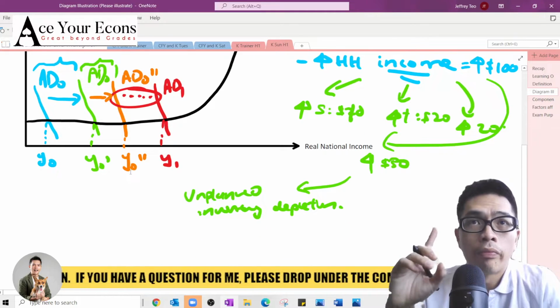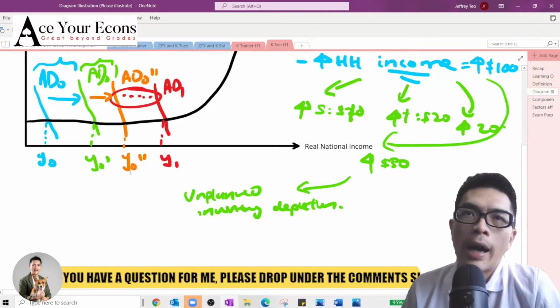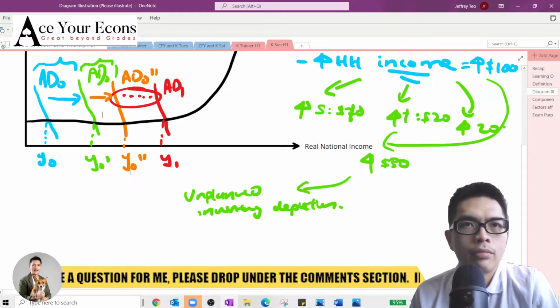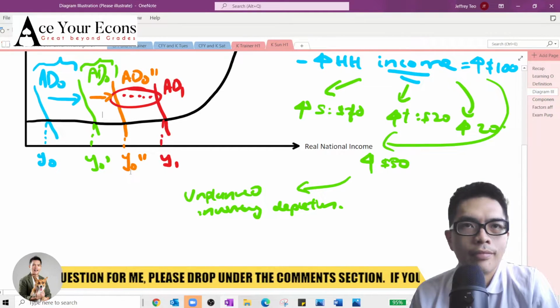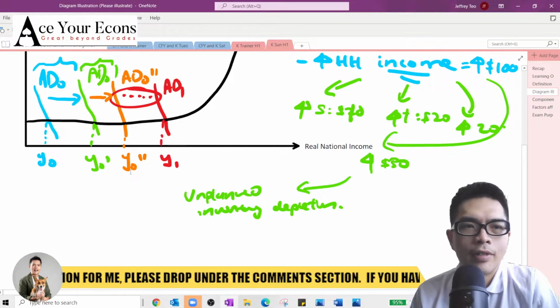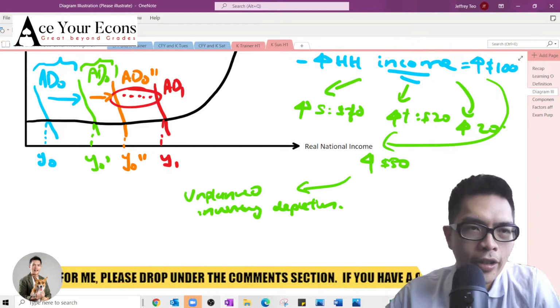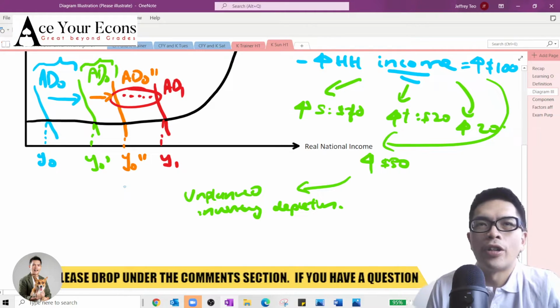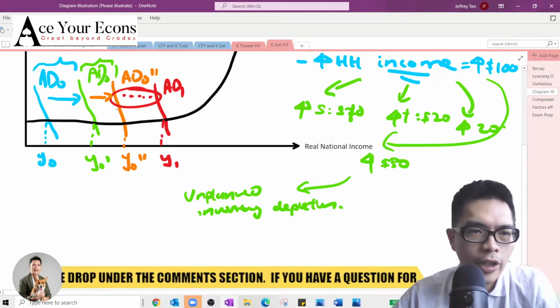So, quick question. How much is your real national income going to increase as a result of the initial spending of $100? Can you all tabulate the overall real national income?